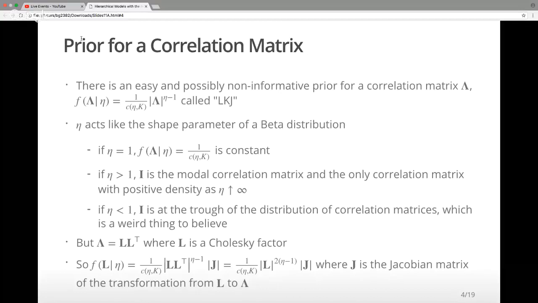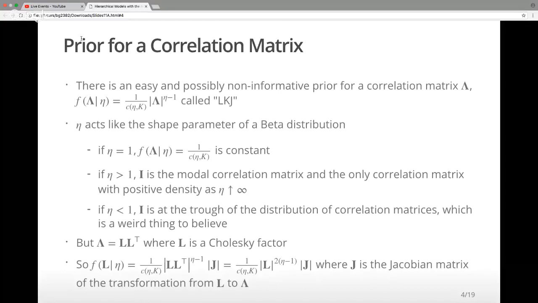And then we can derive the PDF for L given eta just by taking the LKJ distribution and multiplying by the absolute value of the determinant of the Jacobian matrix of the transformation from lambda to L. So we're not going to go through all the derivatives on that. But this Jacobian matrix turns out to be triangular.